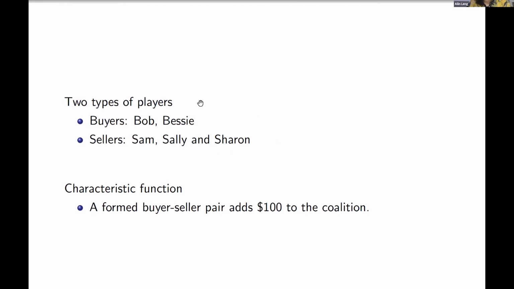And for the five players, the total value is still 200 because again, there is one extra seller in the group. So the coalitional value is equal to the number of buyer-seller pairs contained in the group. Now the question is, how would the five players divide the total $200?